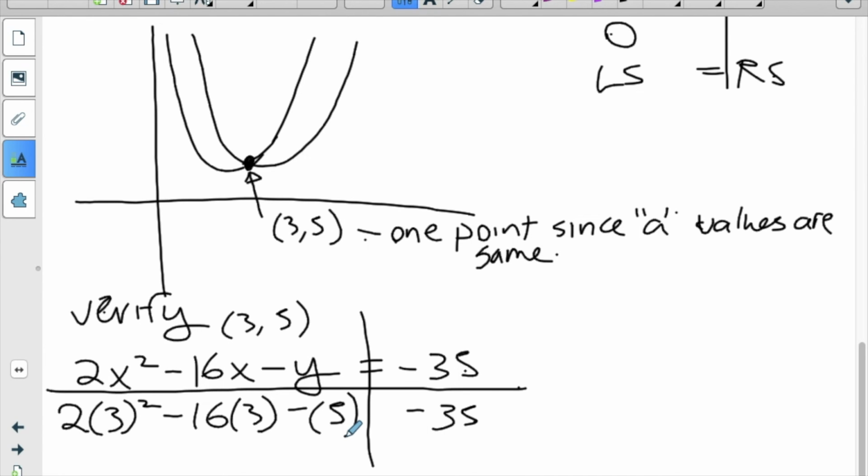Now, can I just mention something that a lot of people do in 10C that drives me bananas? This is a pet peeve. People do this, and then they make a mistake somewhere along the way and their answer's incorrect. They plug that in, they don't actually bother to check what that's equal to, and they write equals negative 35, check.